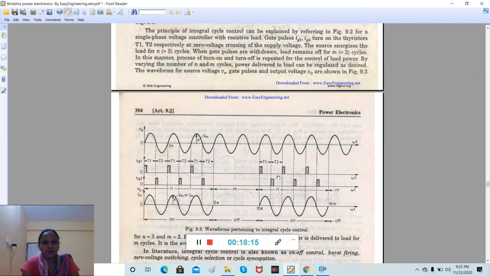That means for some cycles the circuit is turned on, and then for some cycles the circuit remains off, and then again for some cycles the circuit remains on. Like this, integral cycle control is used in the study of the AC voltage controller.